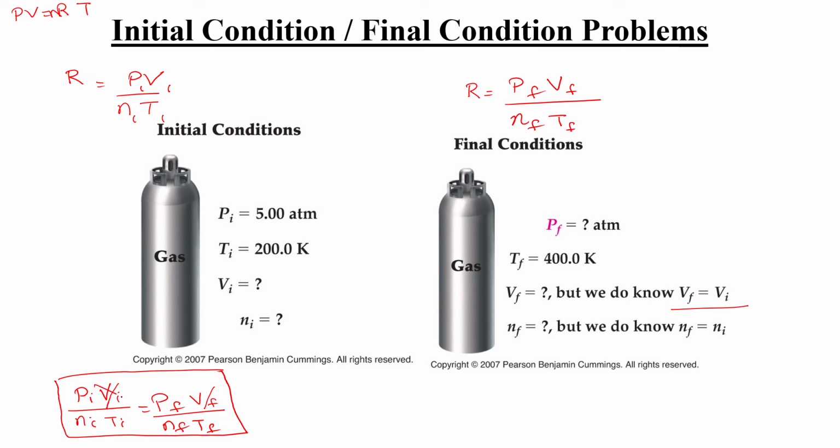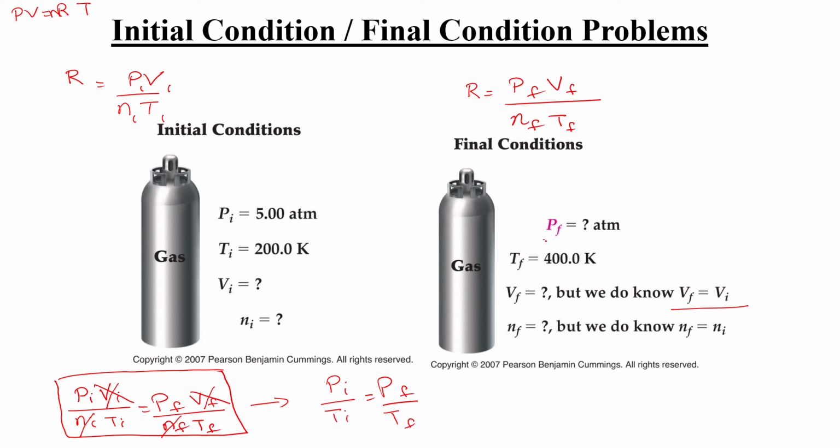The same thing we can do for the number of moles. There is no change in the number of moles. Initial and final moles are the same, so we can cancel that as well. After that, your simplified equation will be Pi over Ti equals Pf over Tf.